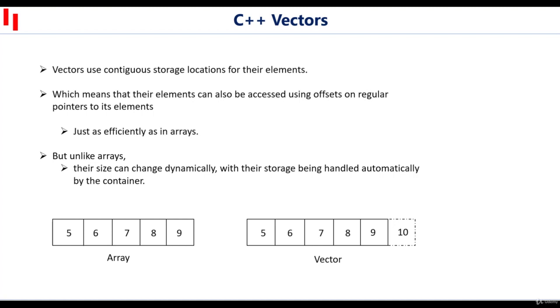So in arrays we saw that given an array, like ARR with elements 2, 3, 4, 5, we could access each element, let's say ARR of 2.